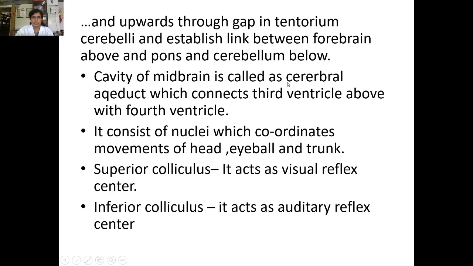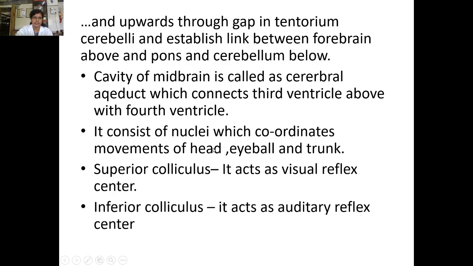The cavity of the midbrain is called the cerebral aqueduct, and it connects the third ventricle above with the fourth ventricle below. The midbrain also consists of nuclei which coordinate the movements of the head, eyeball and trunk.